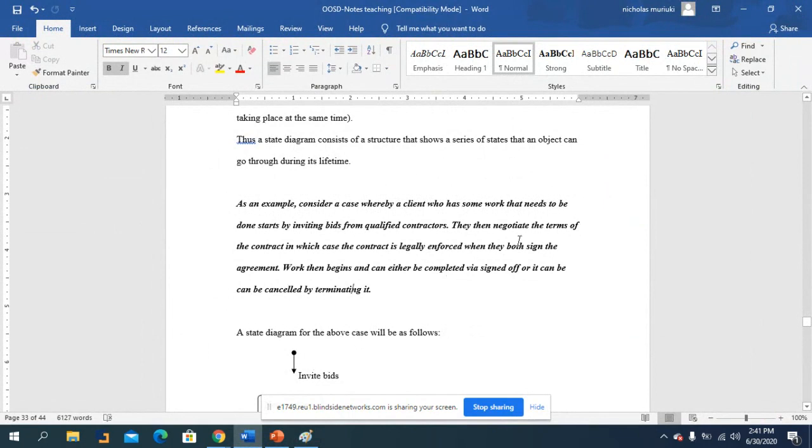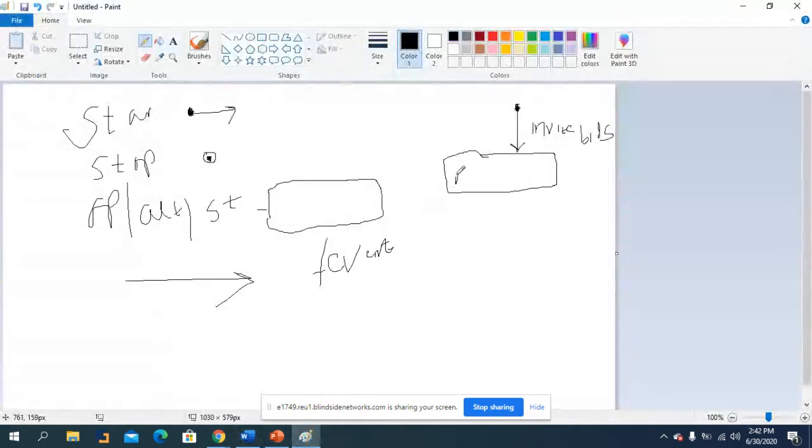When you invite, what are we supposed to do? They then negotiate the terms of the contract. So in this case, we negotiate. Then after negotiating, what else are we supposed to do?